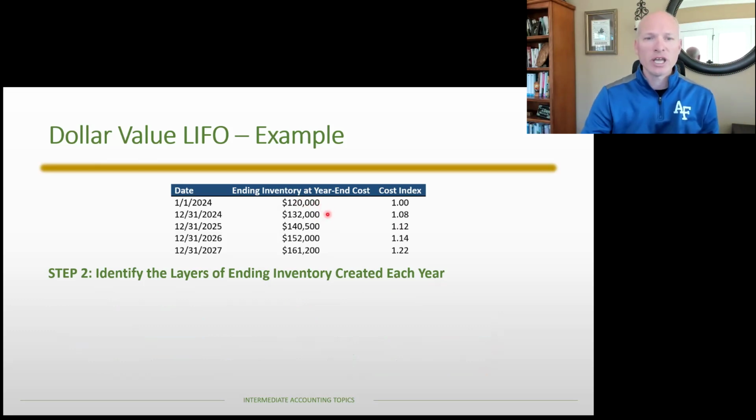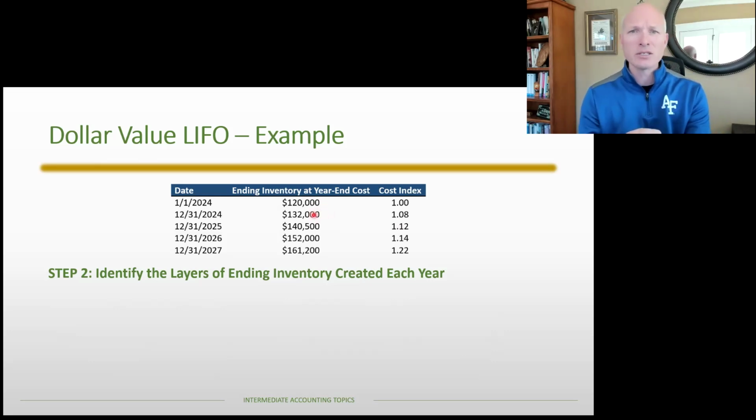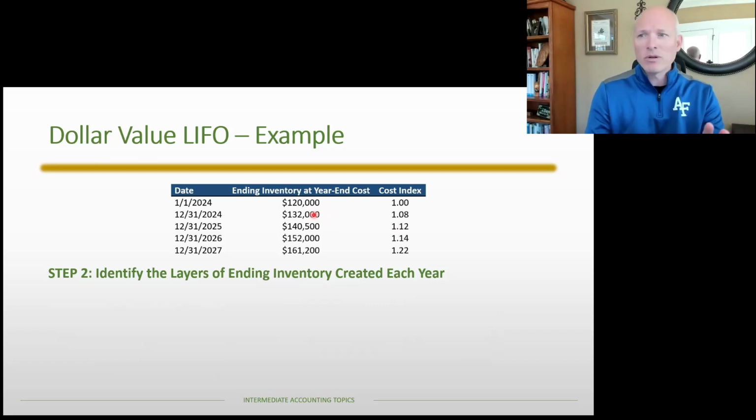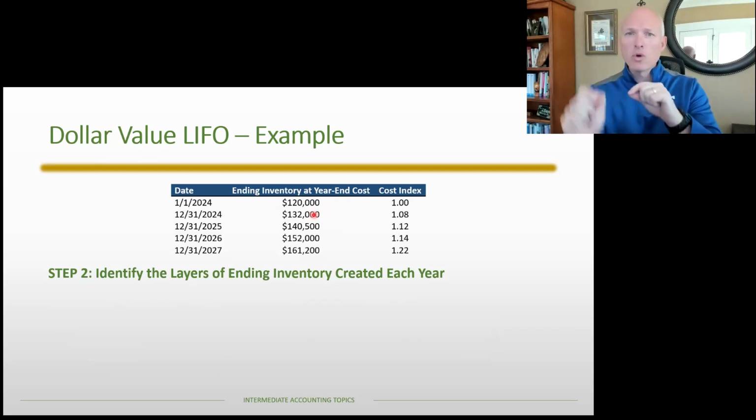What drove that change? Was it volume or was it inflation or was it cost? So we're going to do a little extra exercise, not really testable, just to close the loop on how we went from 120 to 132, to allow you to see how it all fits together.